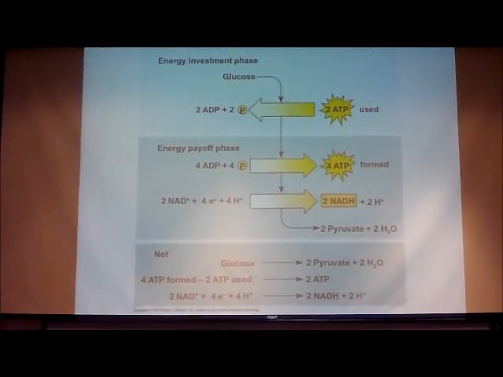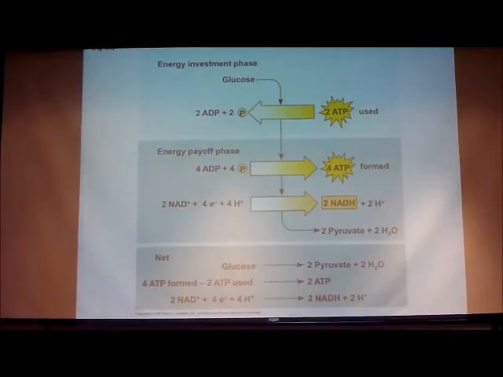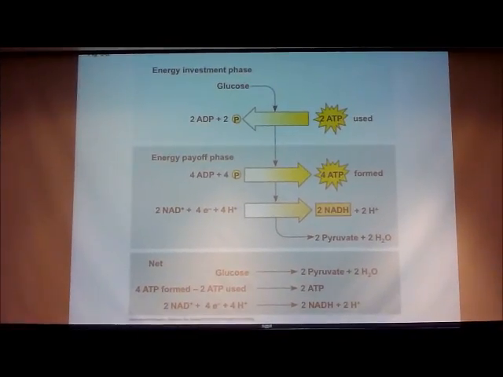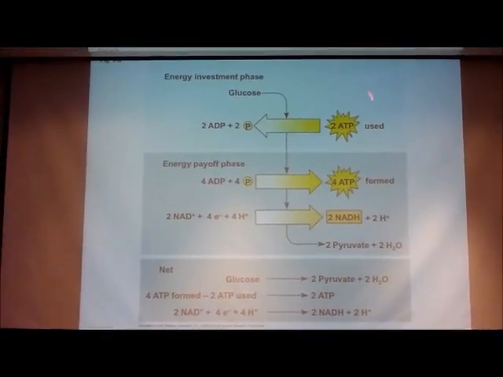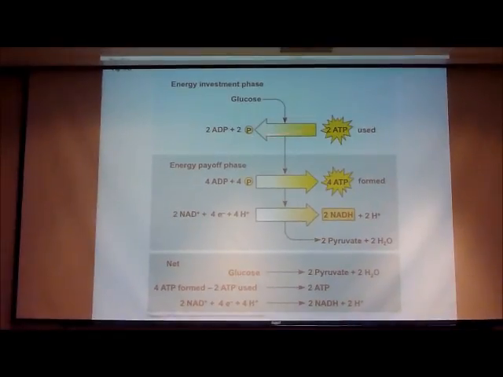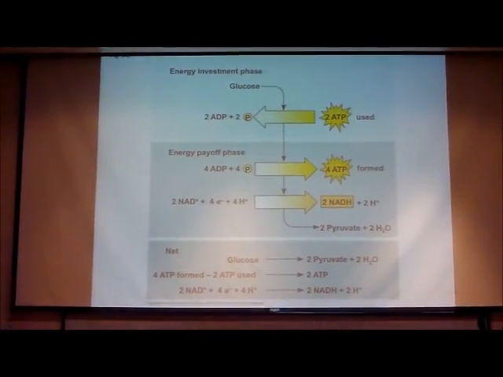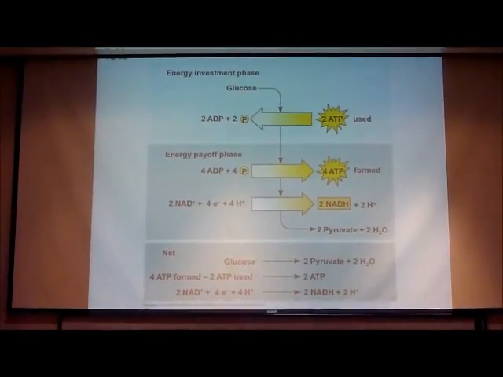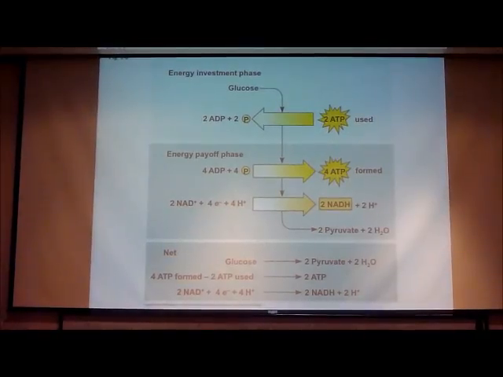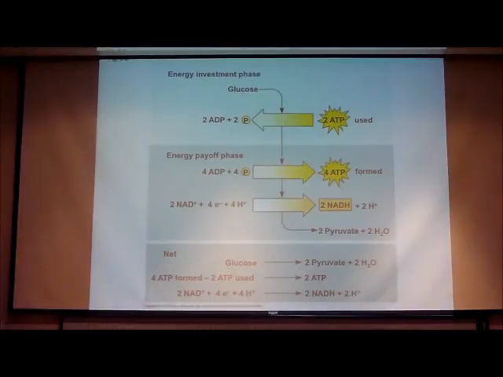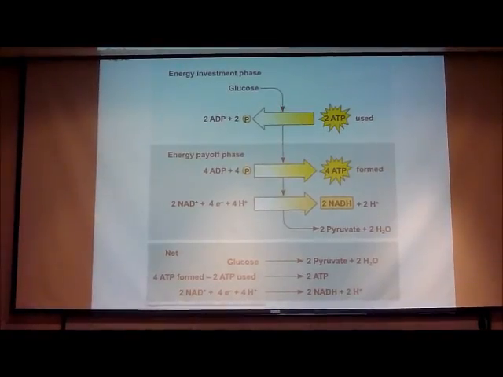Okay, so overarching view of the energy investment phase. What's basically happening in this phase is we're investing adenosine triphosphate. So we're investing energy and we're phosphorylating that glucose molecule.